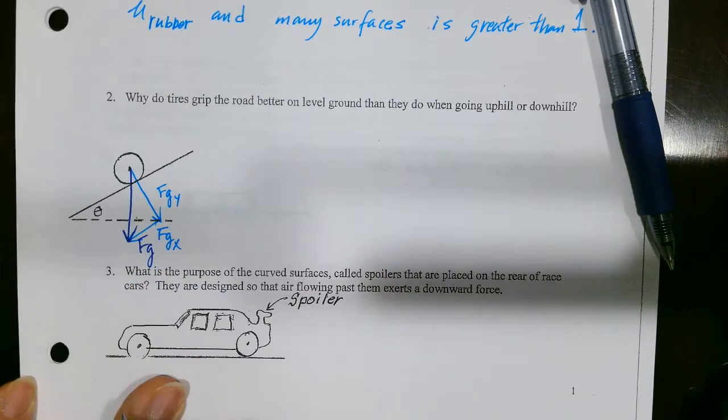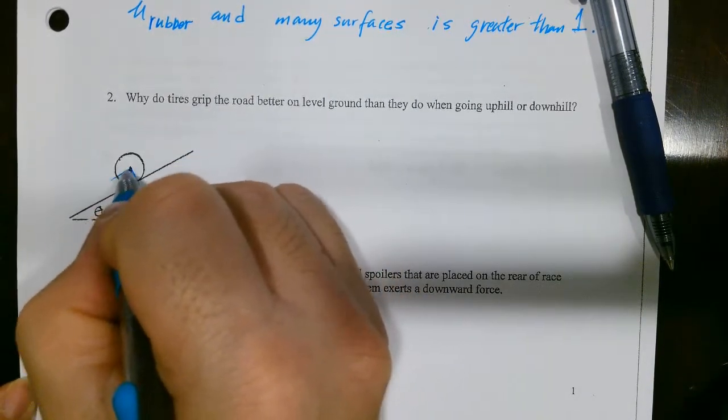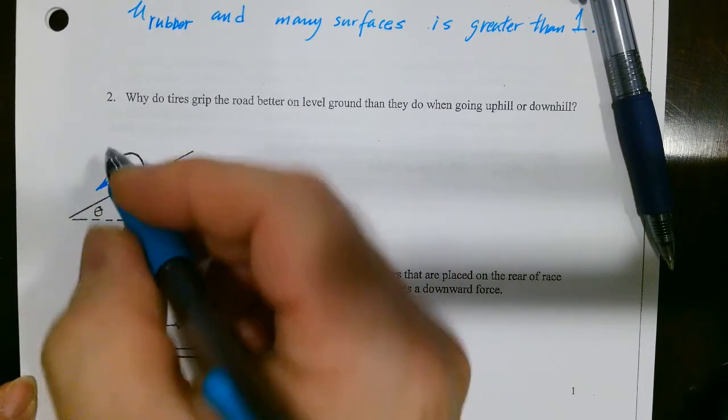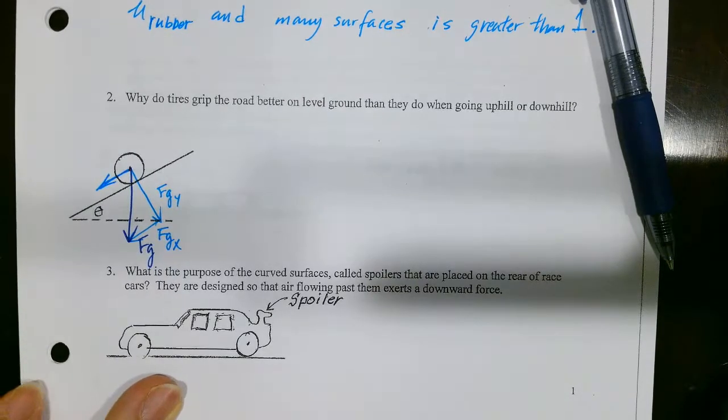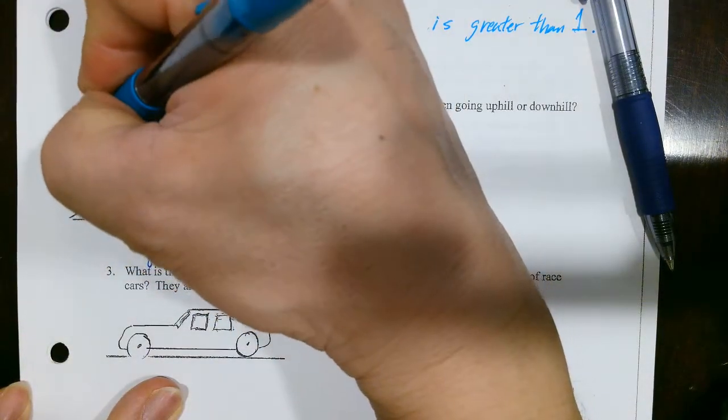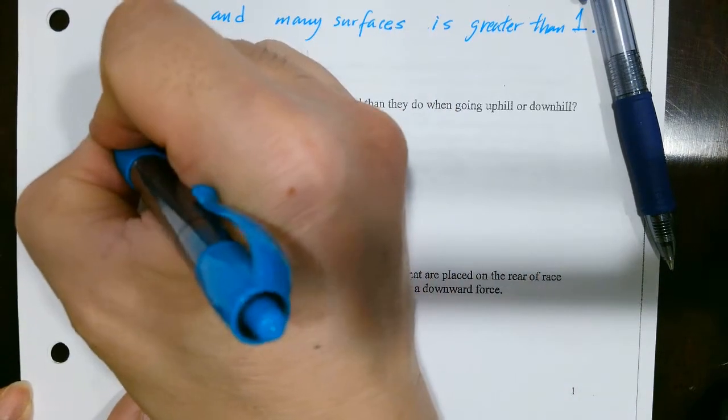This FGX works against the tire gripping the road, as much as the F normal does.